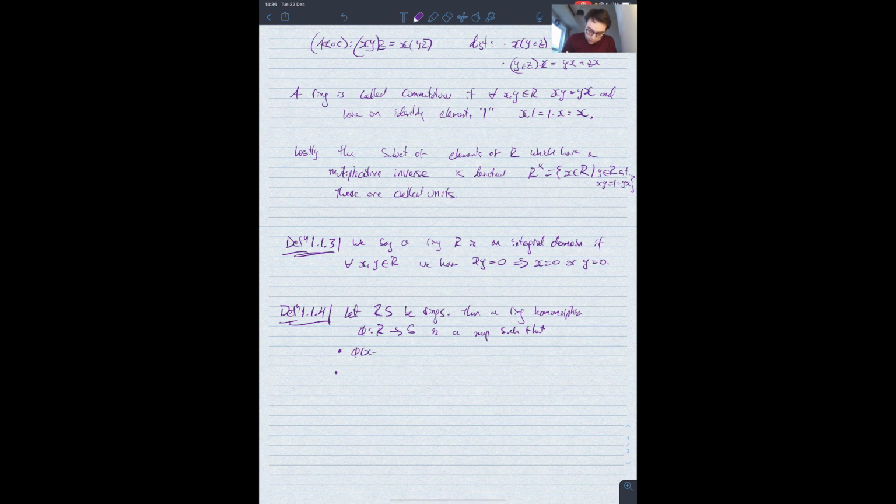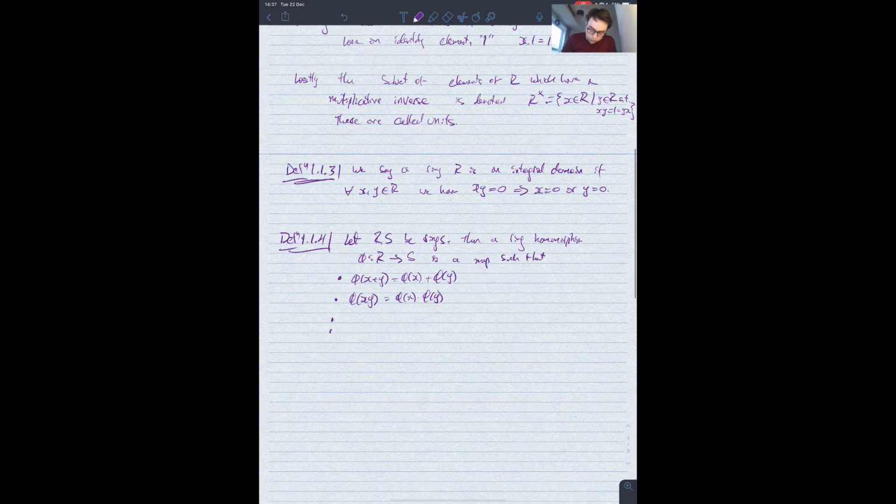So you want phi of x plus y to be phi of x plus phi of y. You want phi of xy to be phi of x times phi of y. And you want to preserve the identity elements. So phi of 1 you want to be 1, and phi of 0 you want to be 0. Great.